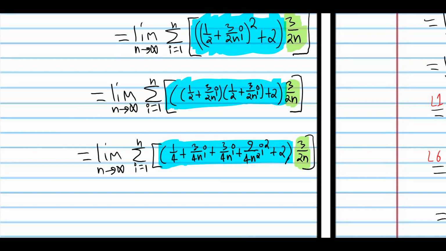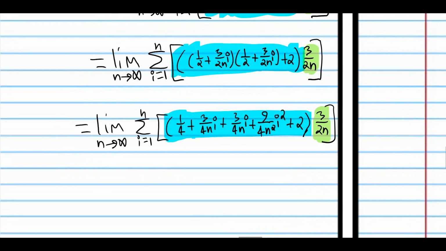Okay, so everything looks right so far. And so now we're going to simplify that blue expression. So we can add the 1/4 and the 2. It looks like we get 9/4.